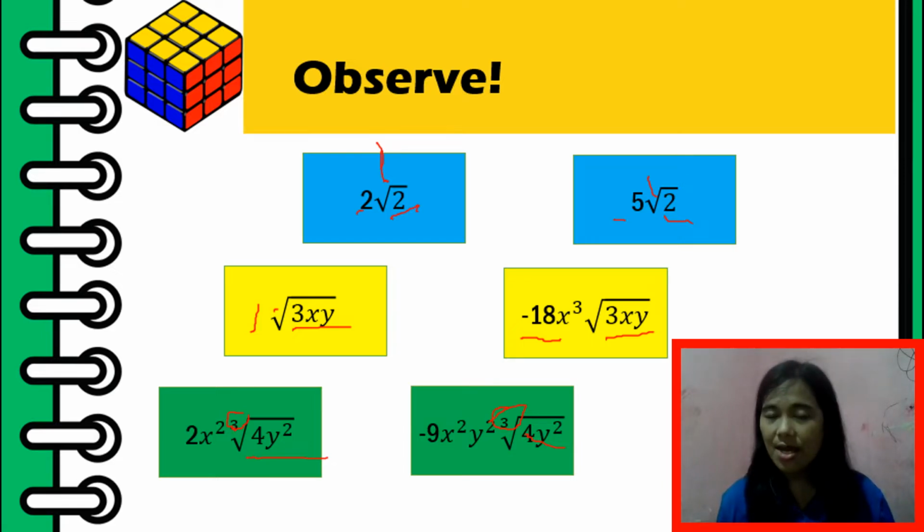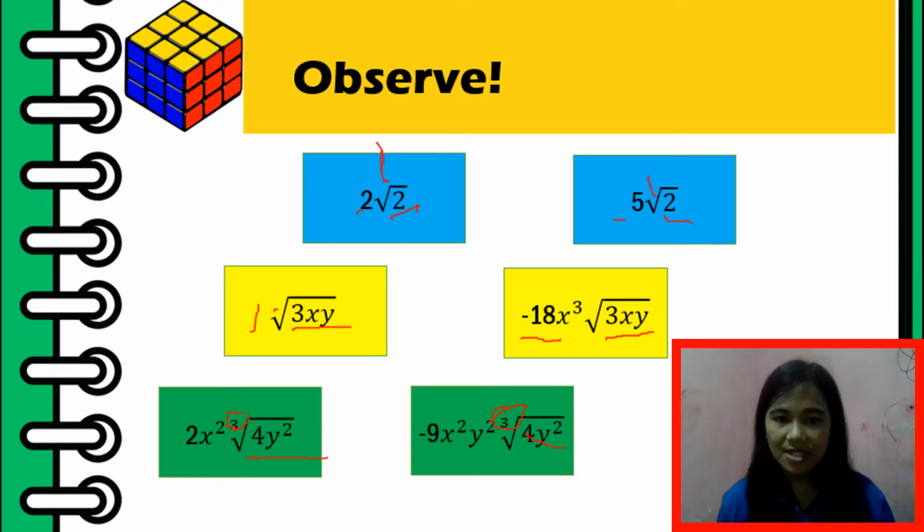So you see, from the first and the second set, they have the same index and the same radicand.